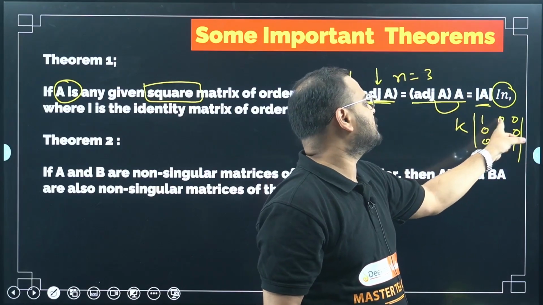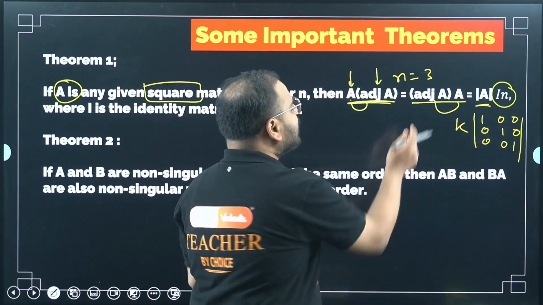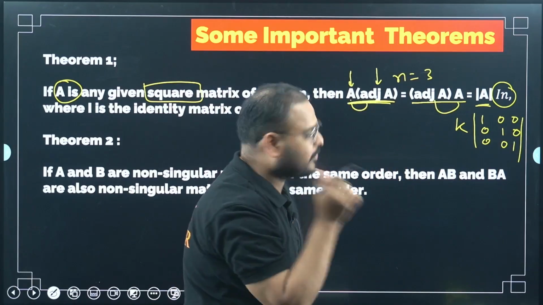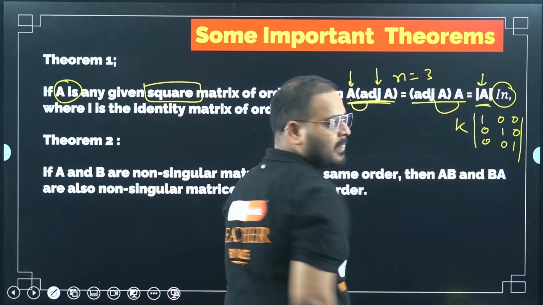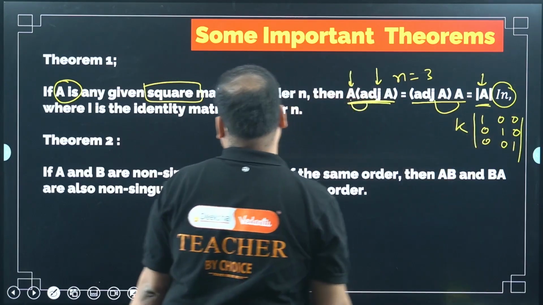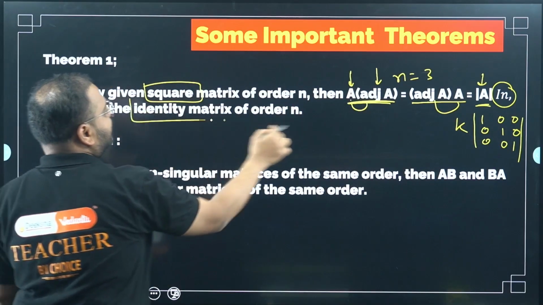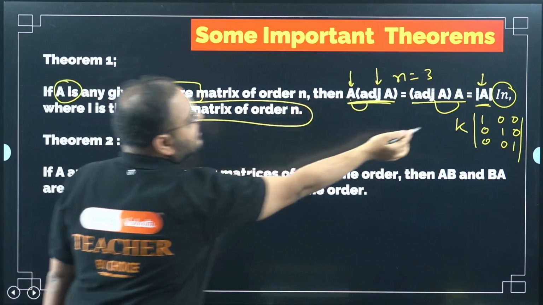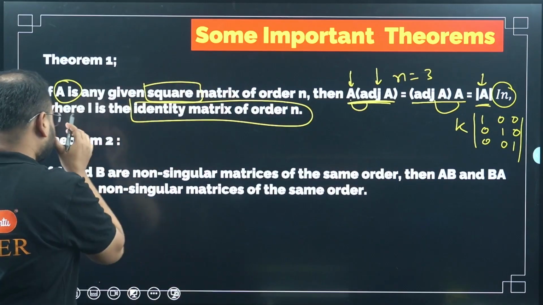The product of two matrices will be a matrix only, so I cannot just write the determinant, because then it's not a matrix, but I_n is an identity matrix of order n. If n is 3, it'll look like this. I hope you understand that. So this is theorem 1.